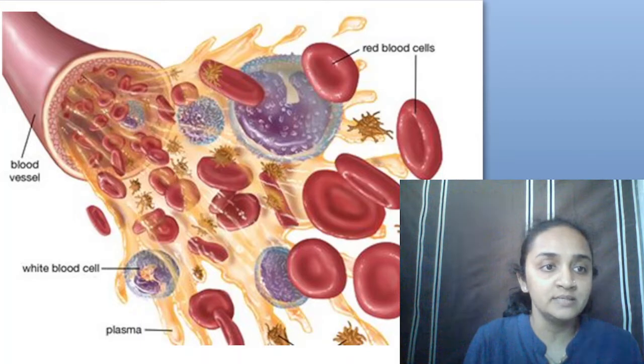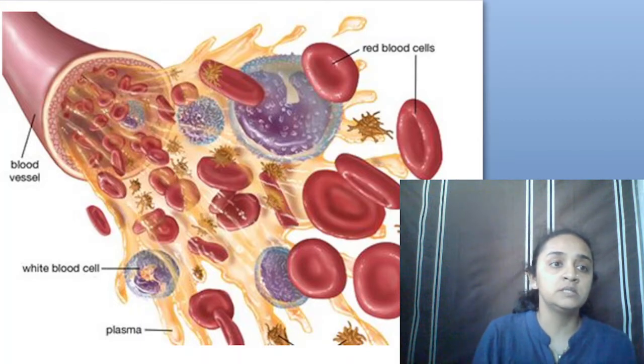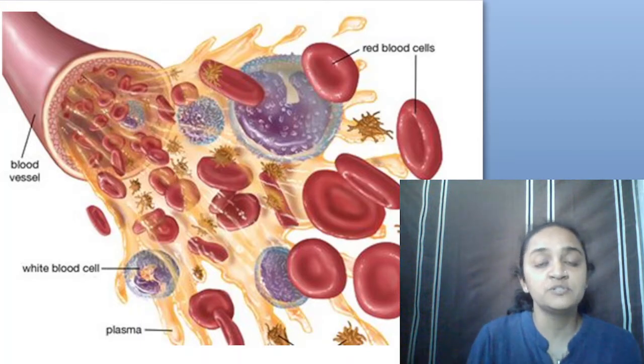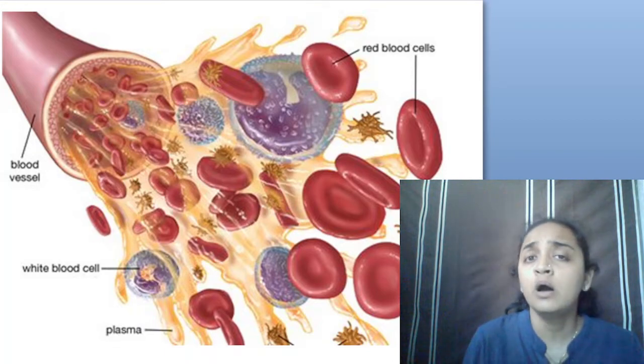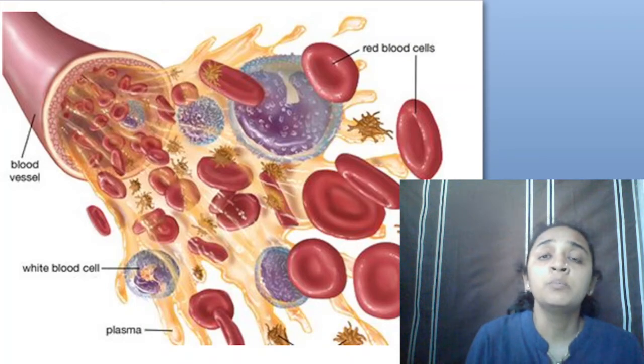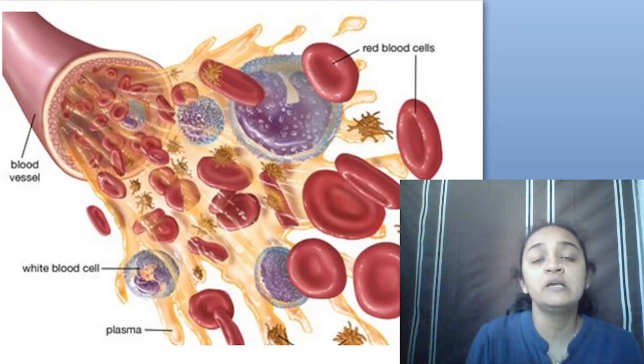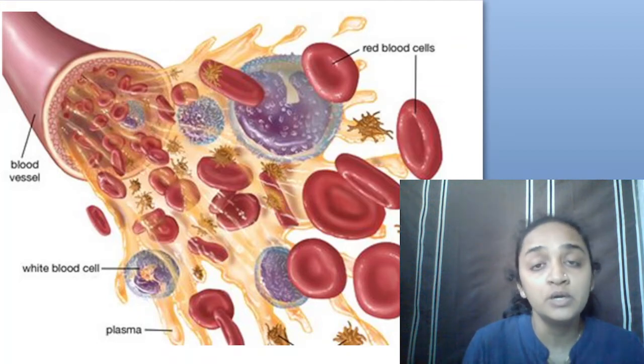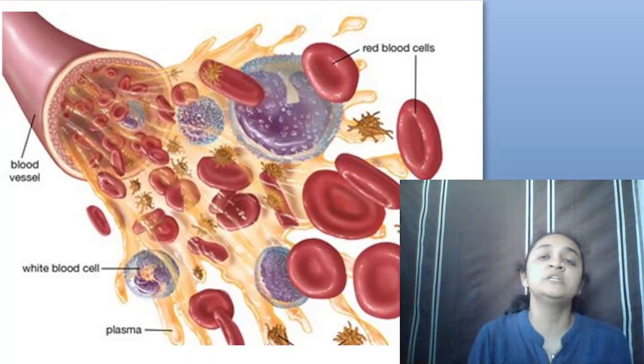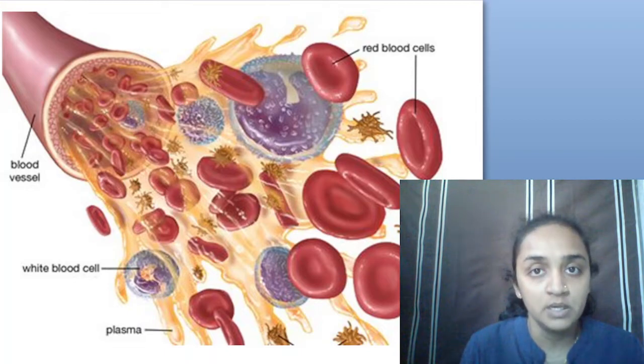Okay, let's start from the basic thing, which is blood, because our heart has a main function: the movement of the body is only possible because we have a continuous flow of blood, which gives energy to each and every cell of a body part, right?